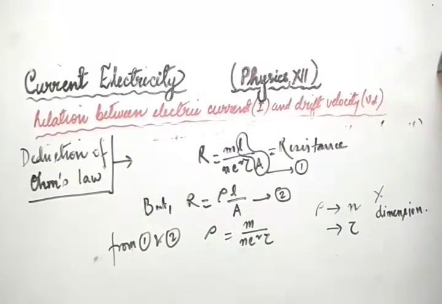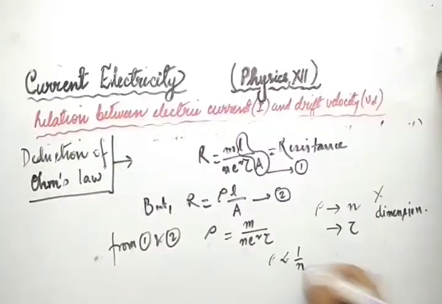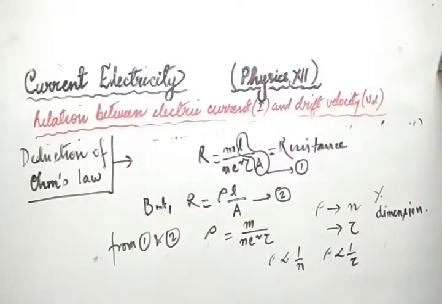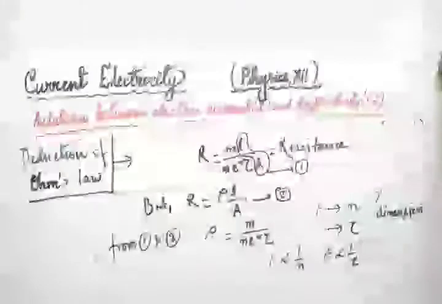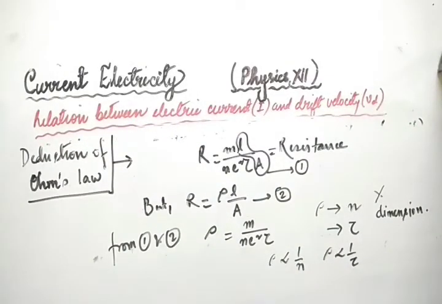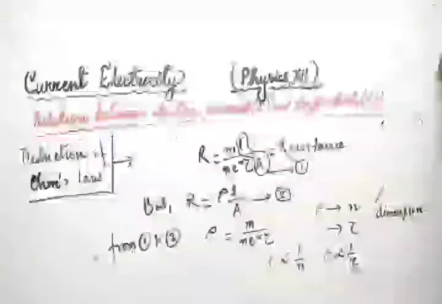And how does it depend? rho is inversely dependent on n, and also rho is inversely dependent on tau. So remember this, it may be asked. Till now we only knew that rho depends on the nature of the material of the conductor. So now we also know that specifically it depends on n and also relaxation time.